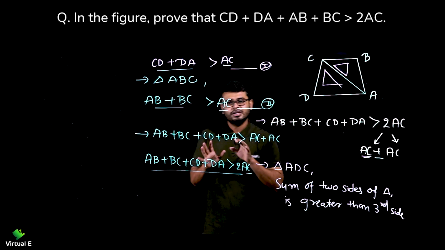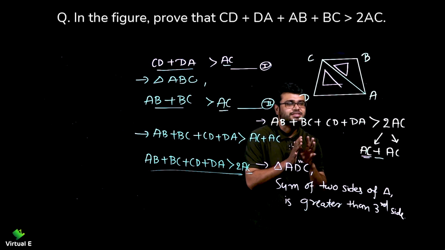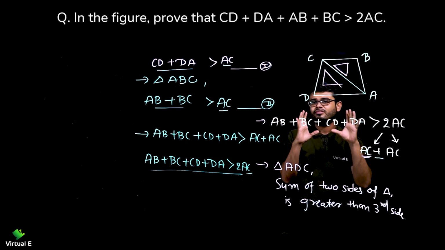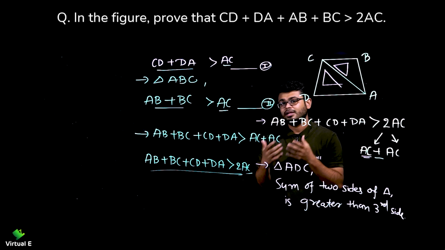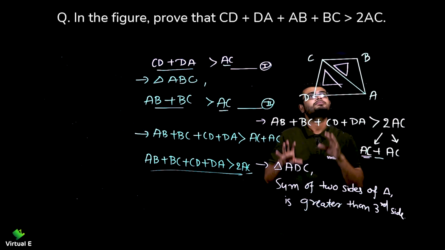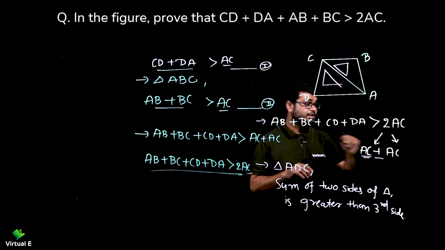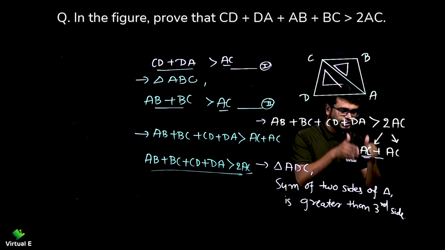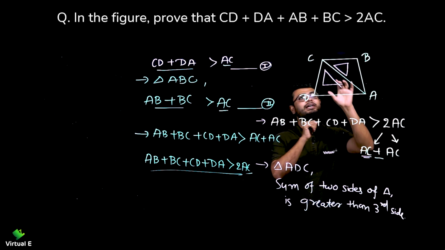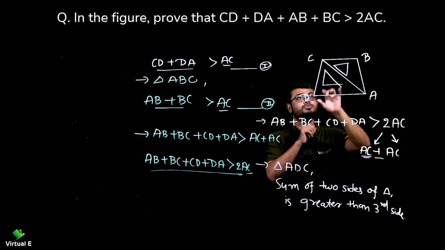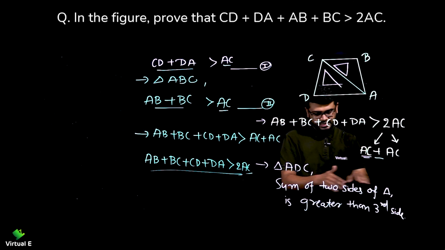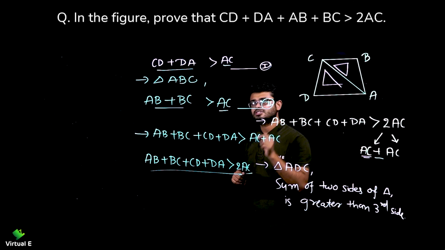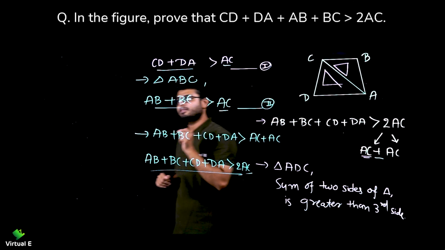This is also a very simple question. Like this sum we have already discussed, but here we have the shape of a trapezium or quadrilateral, right? So we need to think more about how to do it, but it's simple. Focus on the RHS, 2AC, so we convert it into AC plus AC. Then we can see there are two triangles. We divide the figure into two triangles and apply the triangle inequality, that the sum of two sides is greater than the third one.